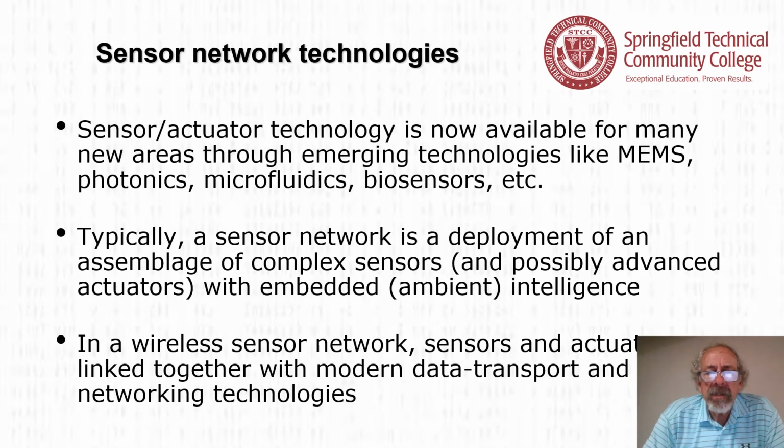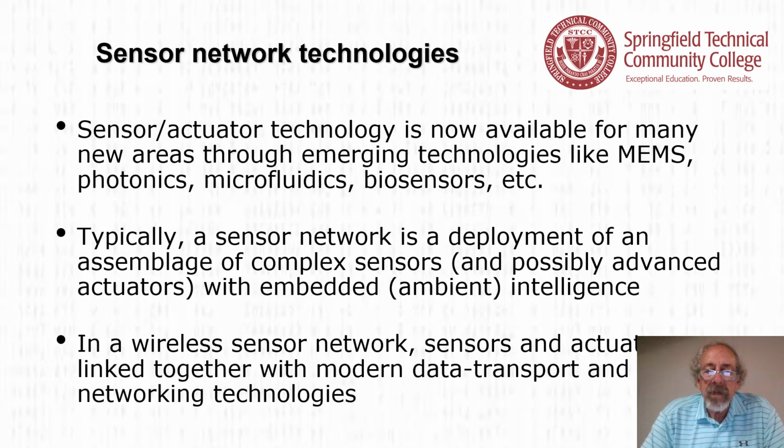So sensor actuator technology is now available for many new areas through emerging technologies like MEMS, microelectromechanical systems, photonics, microfluidics, biosensors, and so forth. Typically, a sensor network is a deployment of an assemblage of complex sensors and possibly advanced actuators with embedded or ambient intelligence.